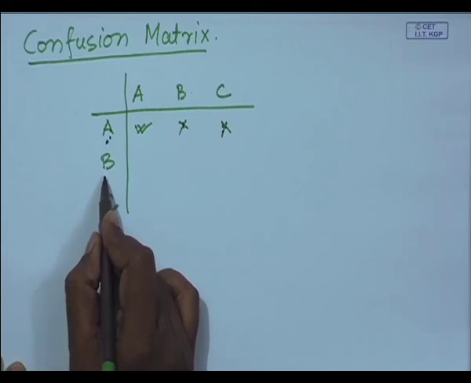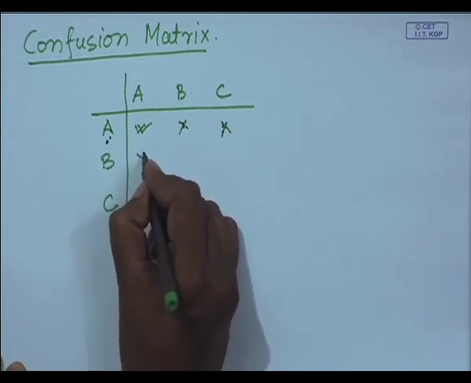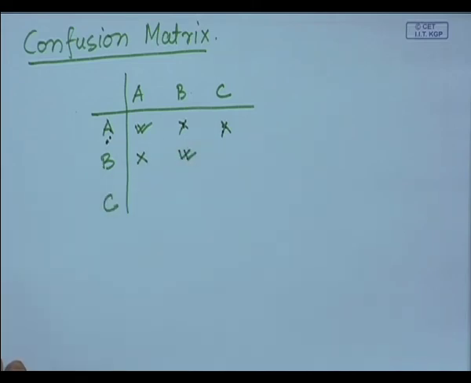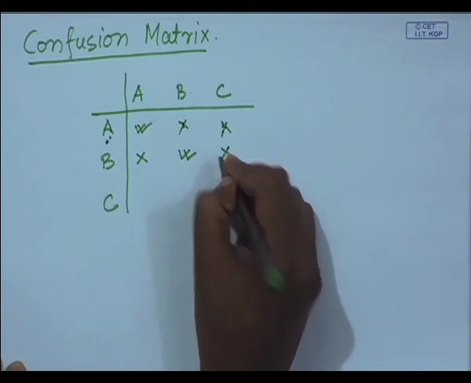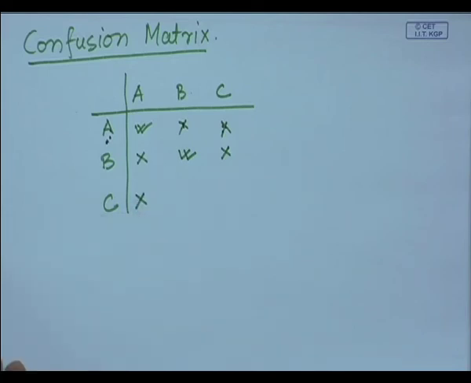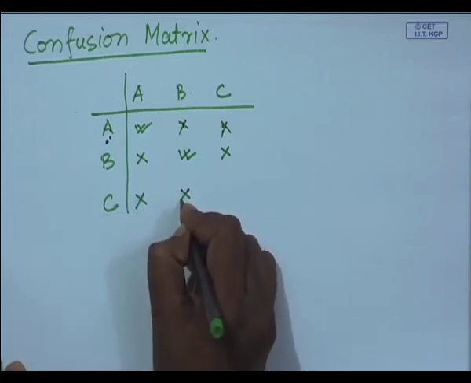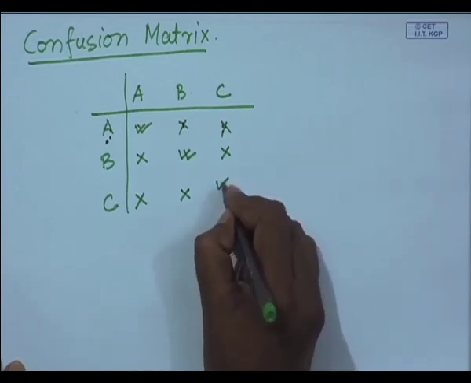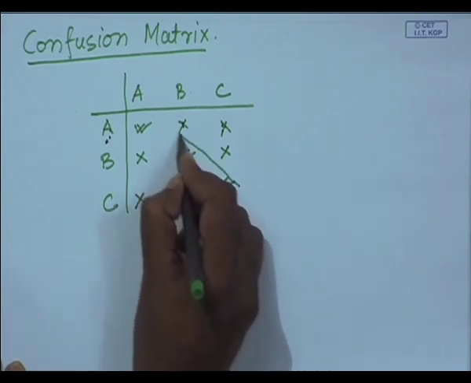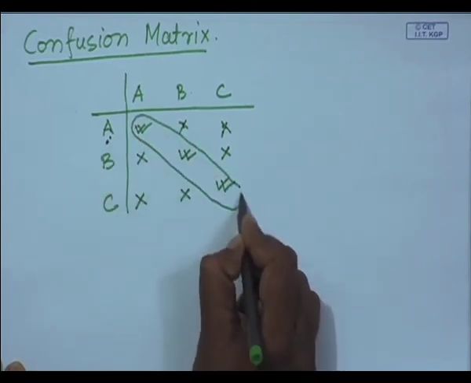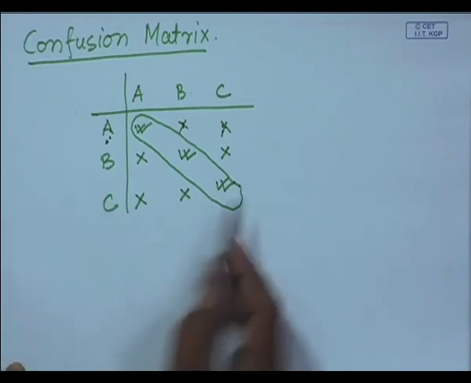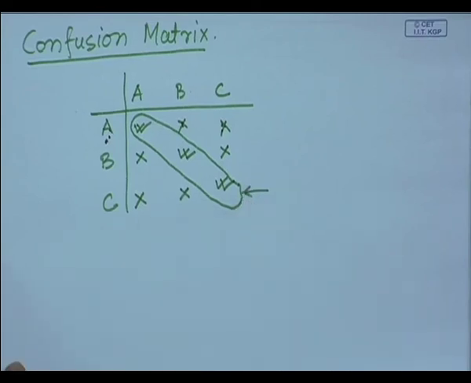Similarly, how many samples belonging to class B have been falsely classified to class A, how many have been correctly classified as class B, how many have been falsely classified as class C. Similarly, for class C, how many samples belonging to class C have been falsely classified to A, to B, and how many have been correctly classified as class C. So, you find that the diagonal of this confusion matrix actually tells you how good your classifier is, because it represents the number of correct classifications.